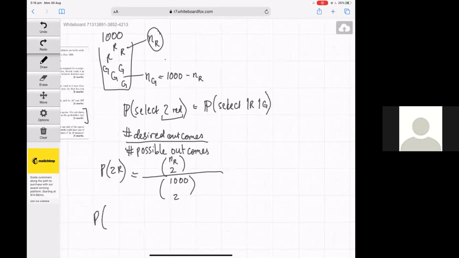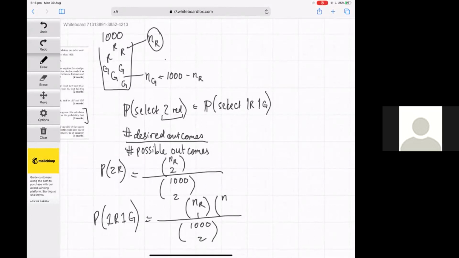Now the probability of getting 1 red and 1 green is going to go very similar. Our possible outcomes remain the same, but our desired outcomes are going to be how many ways can I select one red one, and how many ways can I select one green one, and we multiply them together by the multiplication principle.